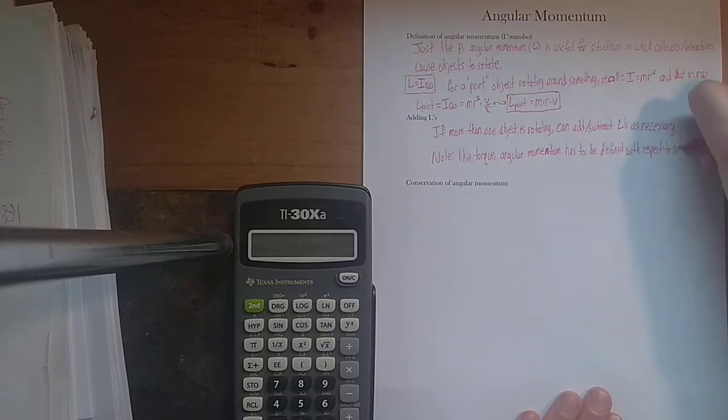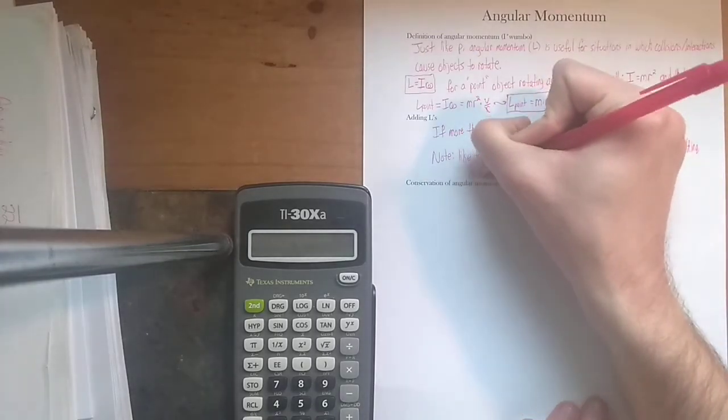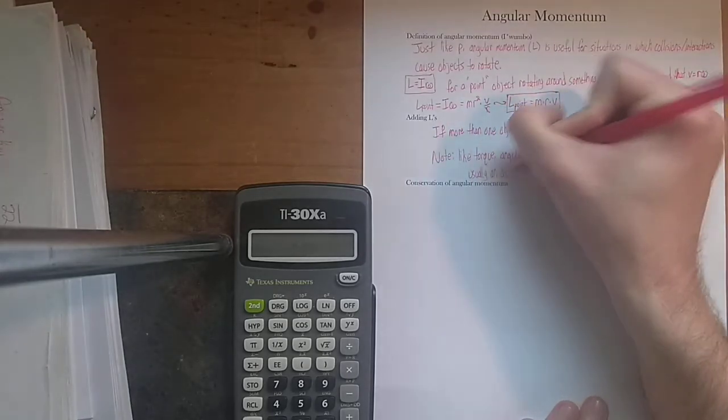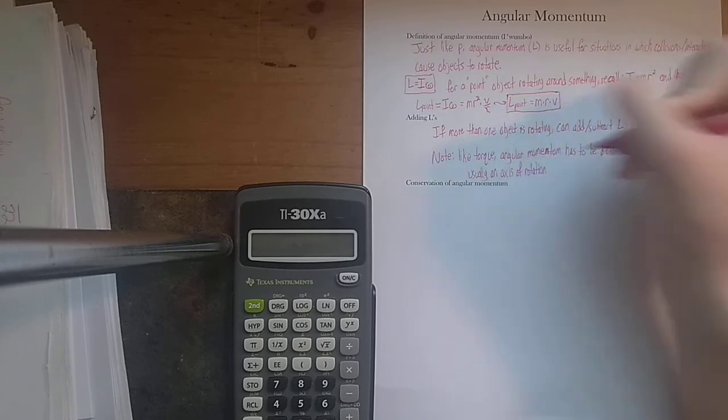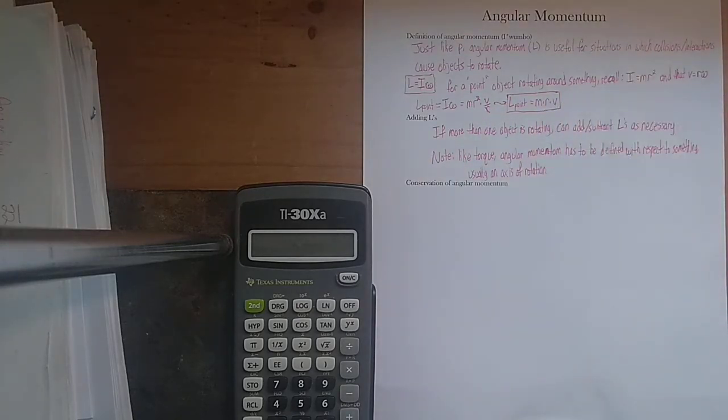Essentially what that means is that you need to specify an axis of rotation. You have to say what it is rotating about or what it's revolving about. You can't just say something has angular momentum. You have to say with respect to what. This ball doesn't just have angular momentum; it has this much angular momentum with respect to this pole that it is moving around. All right, so we have this idea of angular momentum. It's the rotational equivalent of linear momentum. There are conservation laws that apply with it, and let's jump into those.